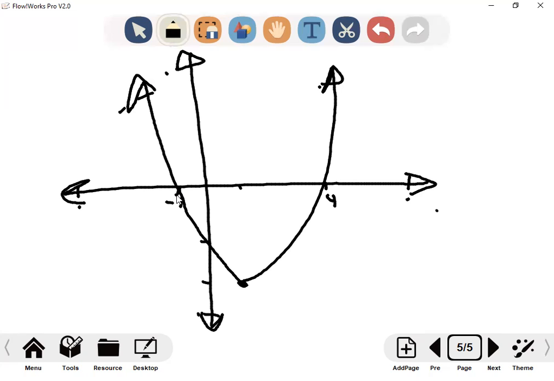We have how many parts for the x-axis? We have 3 parts. This part, and this part, right? Which part makes the curve negative? The one in the middle, right? The one in the middle makes the curve negative.